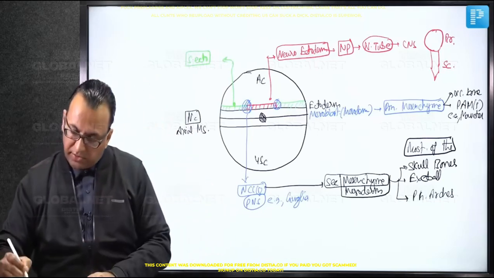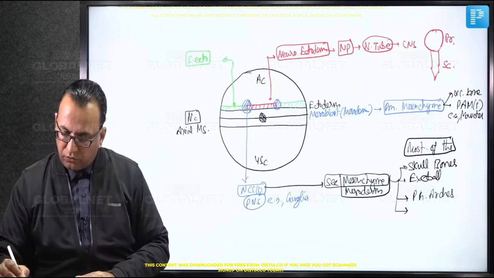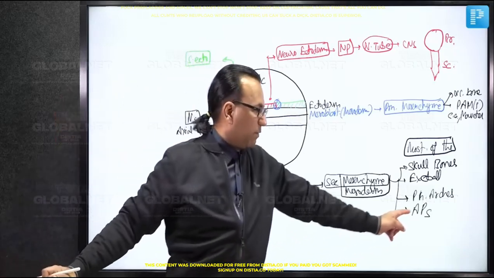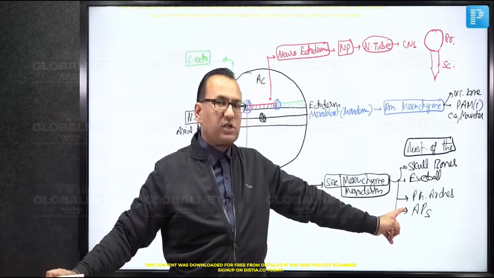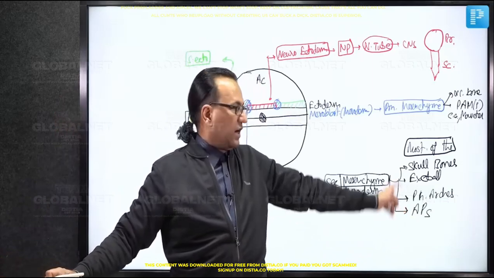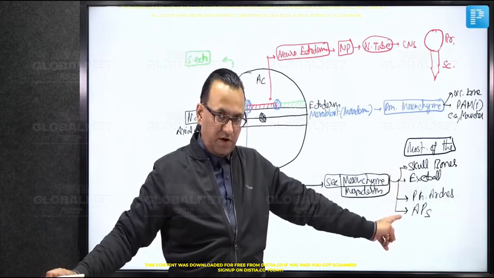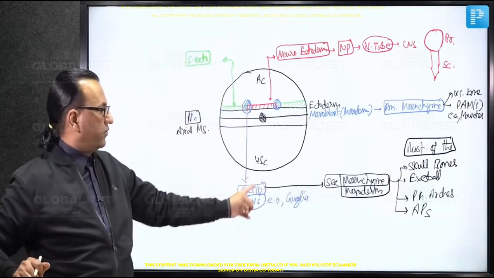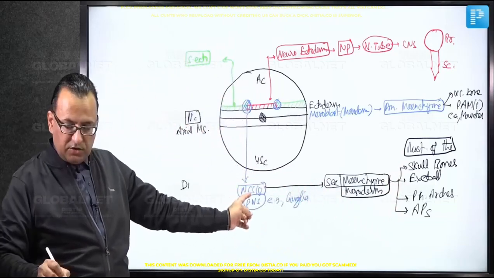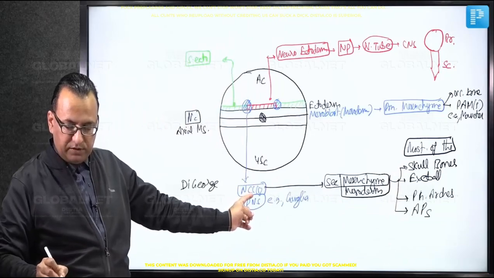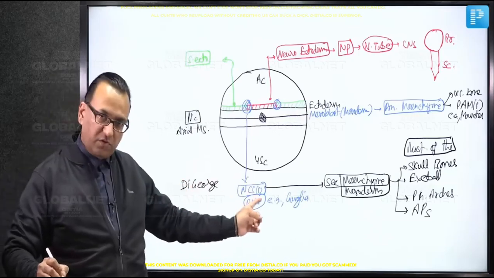Then you can mention neural crest cells or the secondary mesenchyme form the aorticopulmonary septum as well. And we can have aorticopulmonary septum anomalies like transposition of great vessels in conditions like DiGeorge syndrome. DiGeorge syndrome is a problem of neural crest cells, and it happens due to a problem of the migration of neural crest cells.